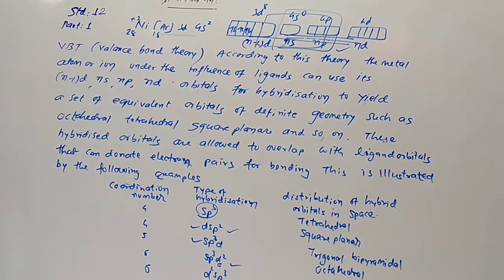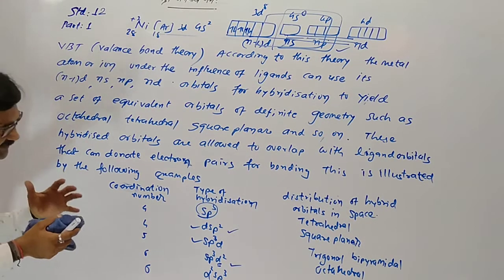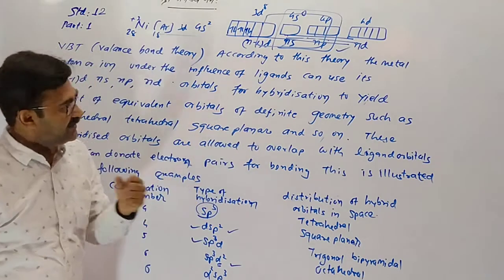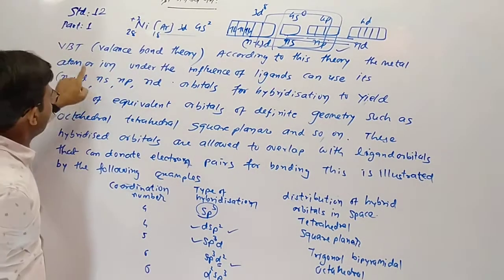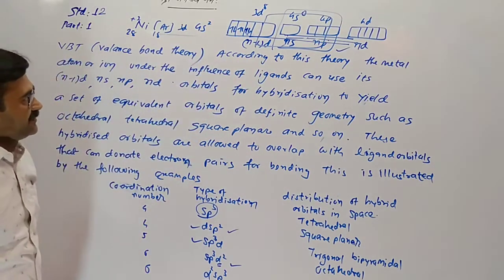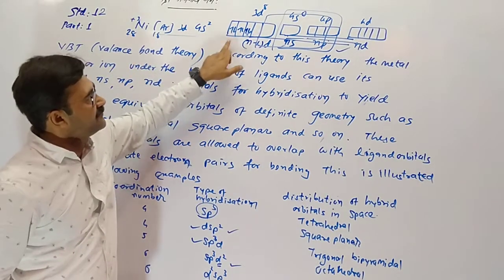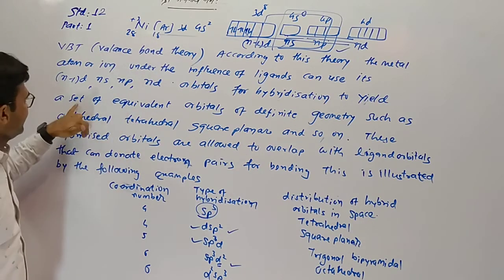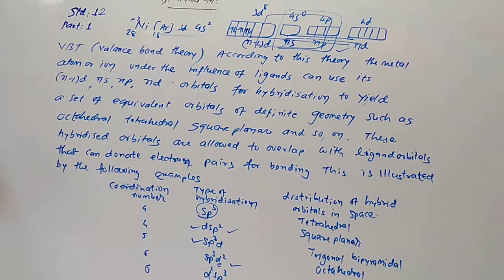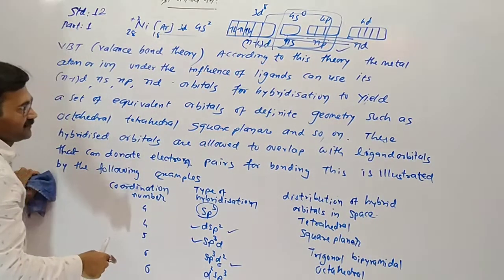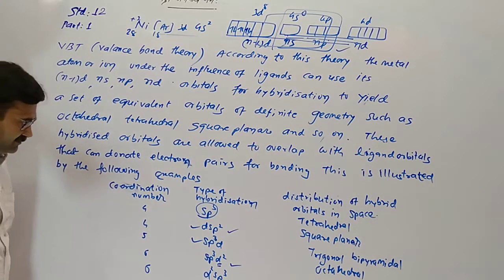According to valence bond theory, the metal-ligand bond is directional. So the reason given by valence bond theory is hybridization. The metal atom or ion under the influence of ligands can use its (n-1)d, ns, np, nd orbitals for hybridization to yield a set of equivalent orbitals of definite geometry such as octahedral, tetrahedral, square planar and so on.